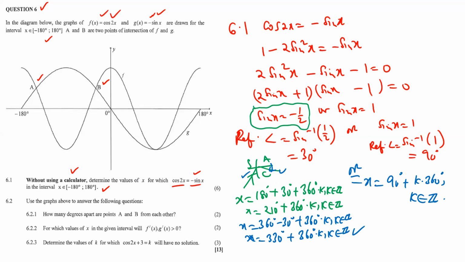Okay. So these are the values of x, because it's to determine the values of x for which the two equations are equal.